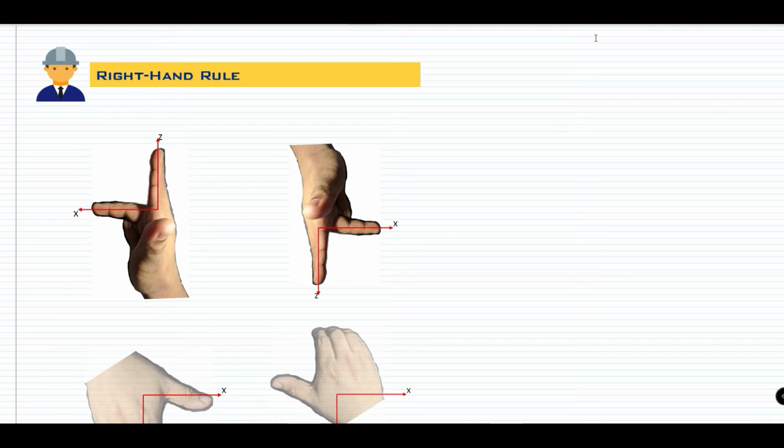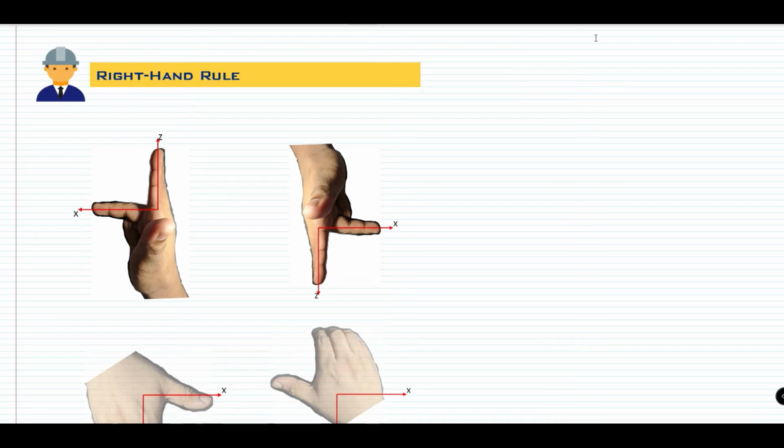So, the most common is yung ginagamit ni STAAD. Si STAAD kasi, ang ginagamit niya is X and the Z is the horizontal, tas yung Y is the vertical axis.